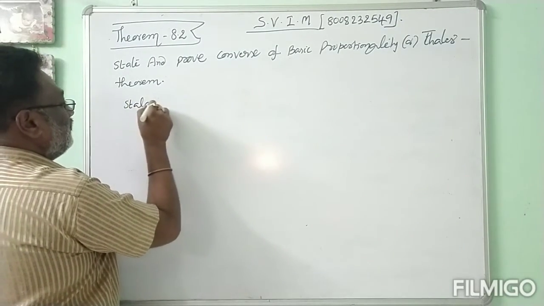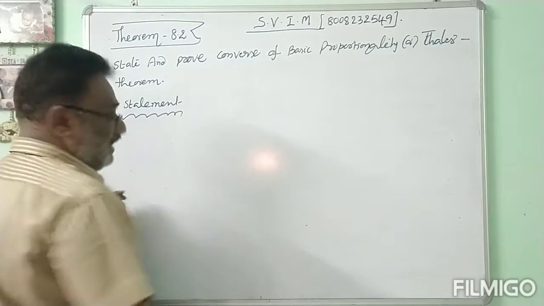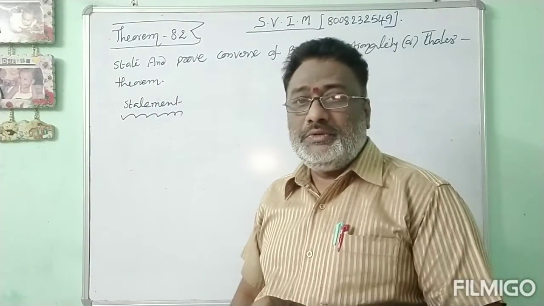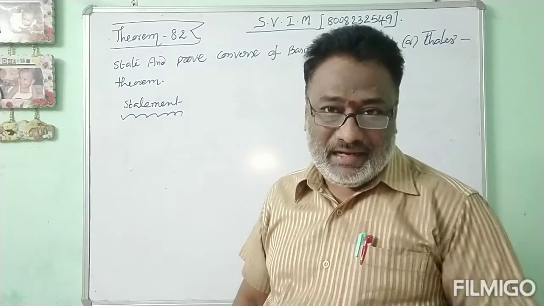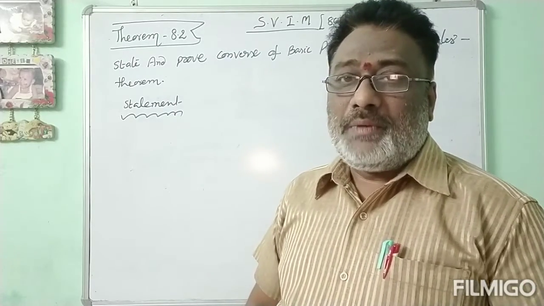Observe. In a triangle, if a line divides any two sides in the same ratio, that line is parallel to the third side of the triangle. This is the statement of the converse of the basic proportionality theorem.